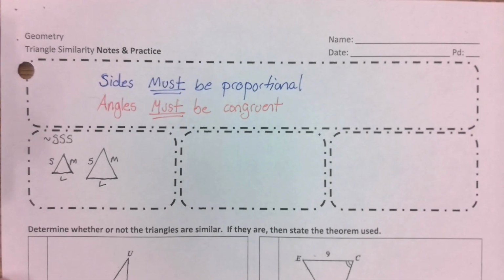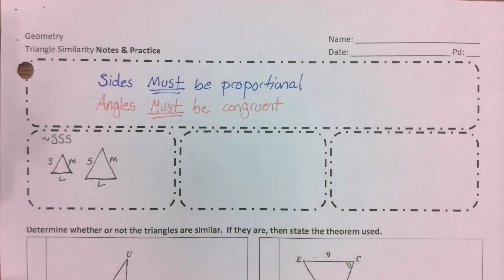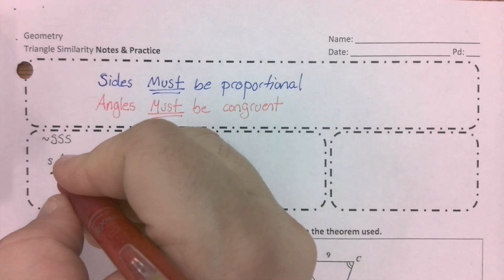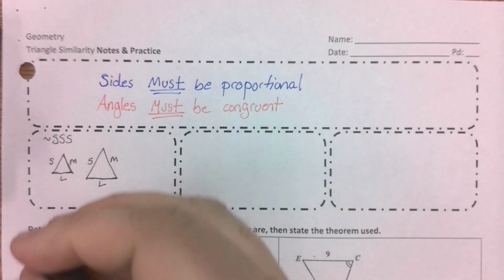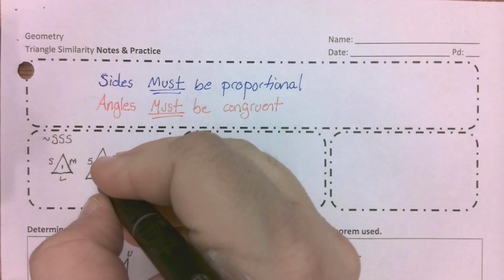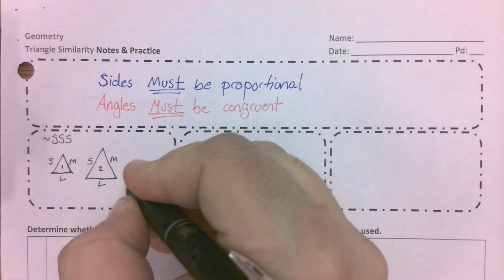Let's call this one 1 and this one 2, so I'm going to do 1 over 2.